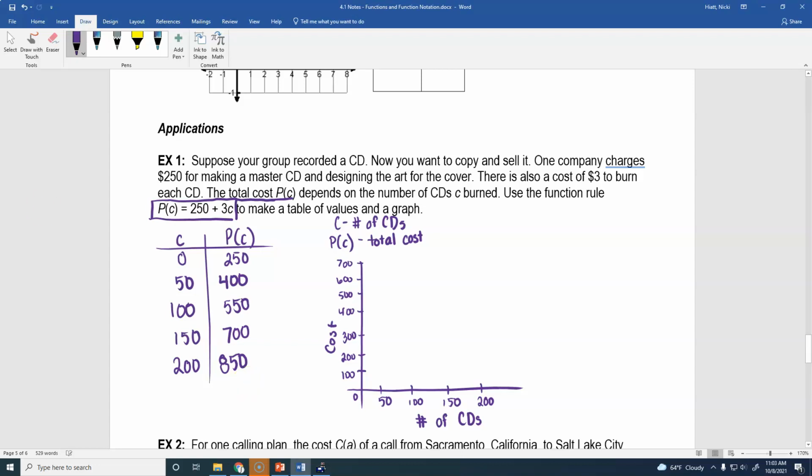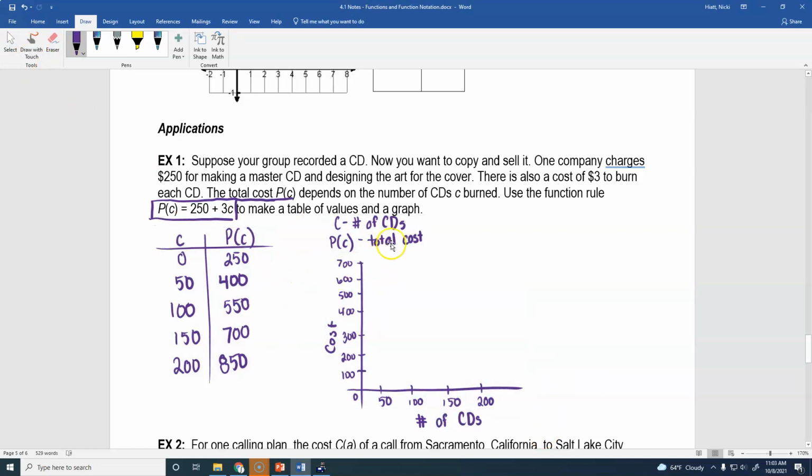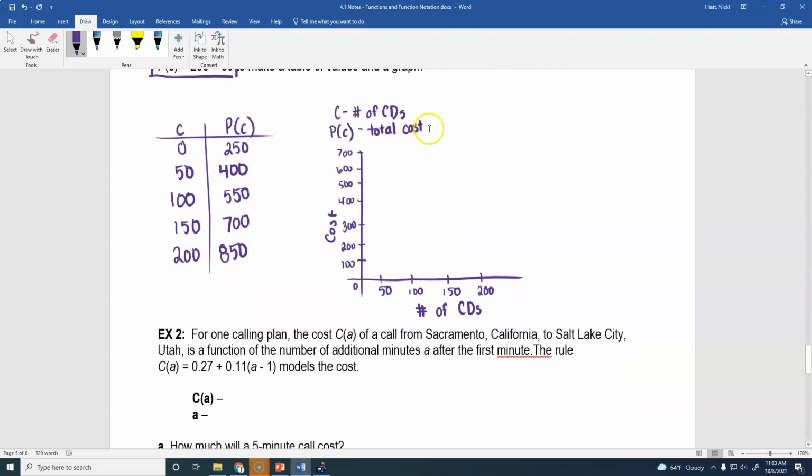I think I can drag all this down just a little bit. There we go. Move this up. 800, 900, that'll be enough.